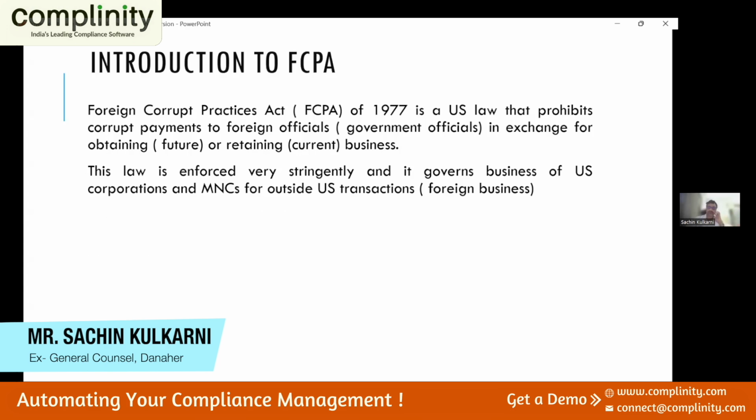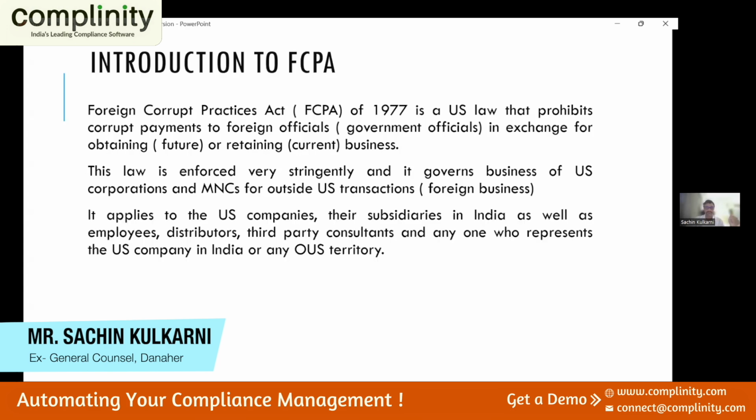Now, this law applies to US companies, listed and unlisted, and also to their subsidiaries in India, the private limited companies for whom the US or other group companies may be shareholders, as well as their employees and directors employed in India, their distributors, third-party consultants, any third-party intermediaries and advisors who represent this US company and their brand in any territory outside the US, including India.